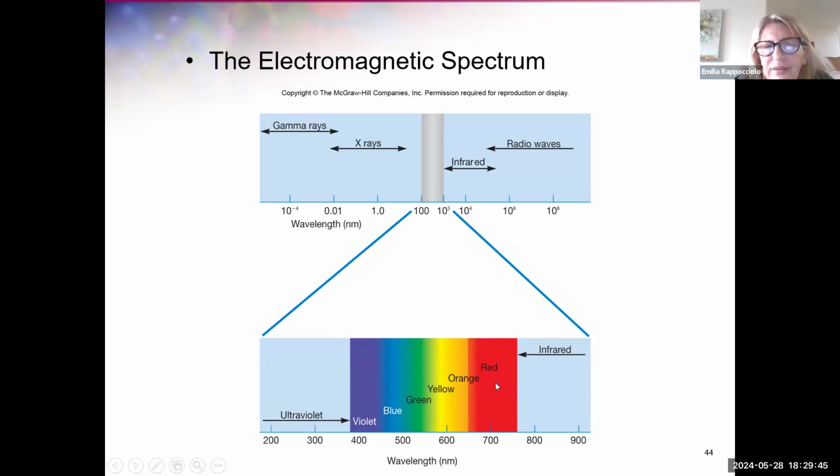Now, visible light is relatively low energy, it doesn't cause damage. The high energy gamma and X-rays can cause very serious damage, and even ultraviolet to DNA. Light can also cause some damage, but it has to be very intense and for a long period of time.